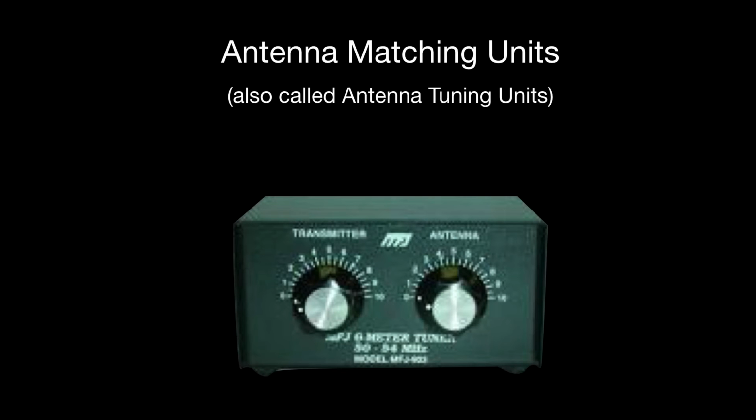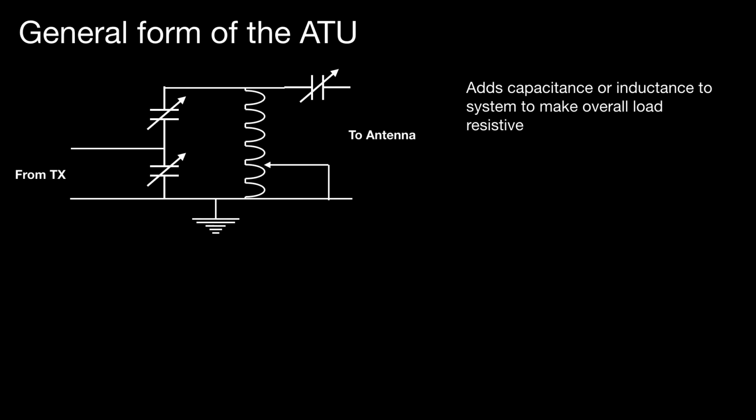So now we move on to antenna matching units or antenna tuning units, and the terms are used interchangeably. So let's have a look. There is a general form of the antenna tuning unit. It adds capacitance or inductance to the system to make the overall load resistive.